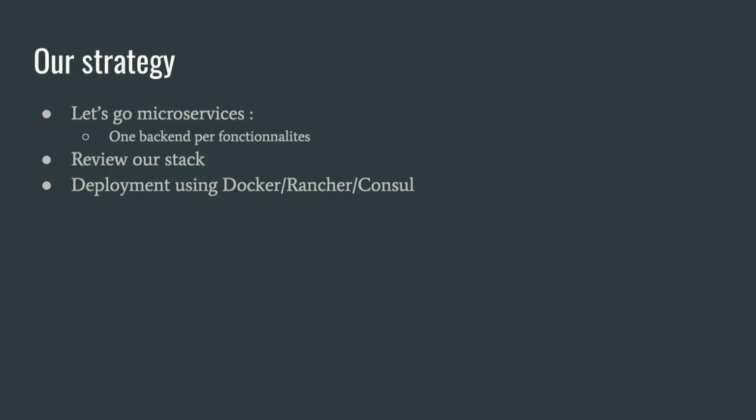Our strategy at this time was simple. We decided to go microservices because it was what everybody else was doing. So we decided to have one backend per functionality. We also decided to review our stack to make it easy for other developers to dive into the backend and develop on it.